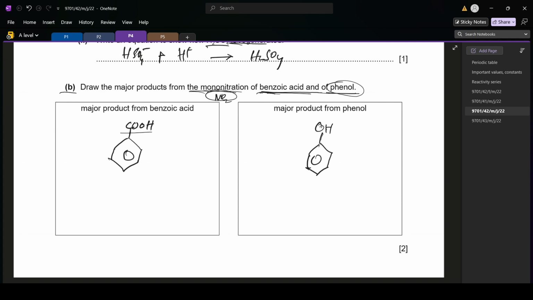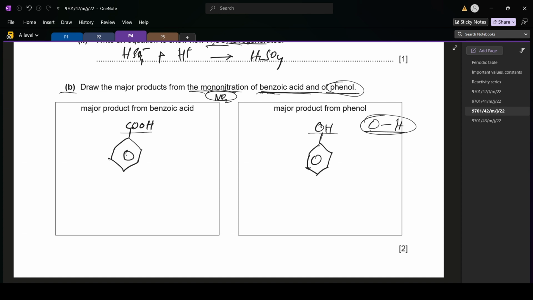You can check by seeing that if any group attached to the benzene has a double bond, it will be a 3 director, and if the attached group has only single bonds, it will be a 2,4 director. There is no double bond in OH.